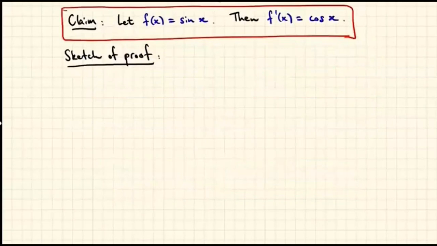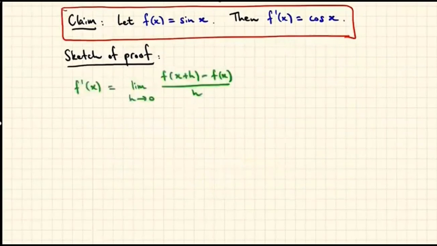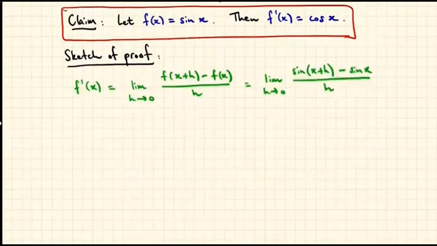Let us now sketch a proof that the derivative of sine x is cos x. Let's start off with a definition of the derivative. And this becomes the limit as h tends to 0 of sine x plus h minus sine x all over h.